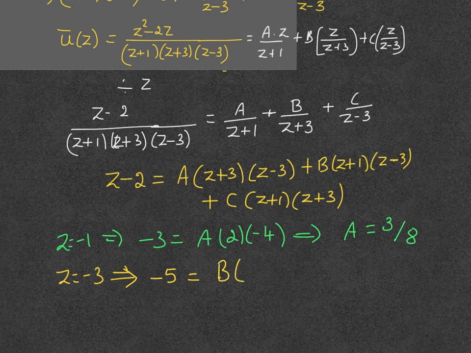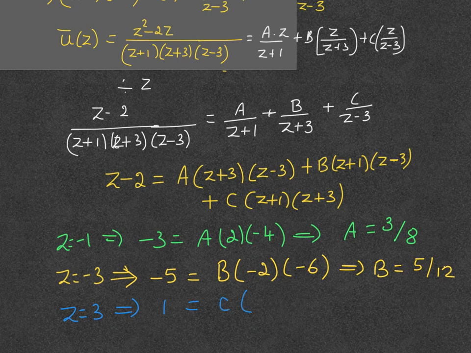B is minus 3 plus 1 into minus 3 minus 3, minus 6. We get that B is 5 by 12. Next, we take z is plus 3. It is 1 on the left. Then plus 3 gives C value. 3 plus 1 is 4, 3 plus 3 is 6. So C is 1 by 24.